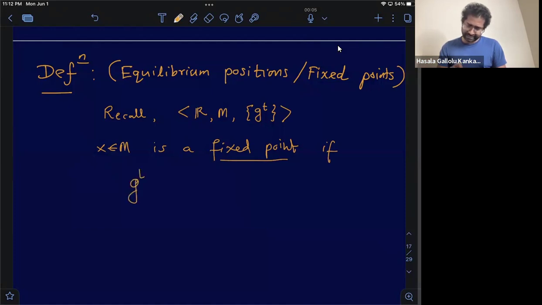Let's apply GT to X, right? And under GT, under T advancement, it's not going to make any difference. It's going to stay exactly where it is. But don't forget, this should be valid for any choice of GT. In other words, for every T belongs to R.